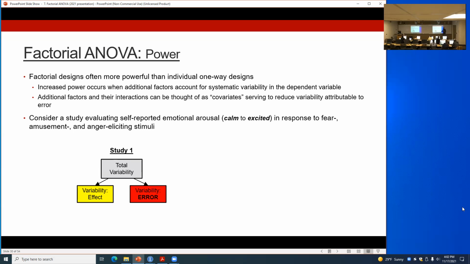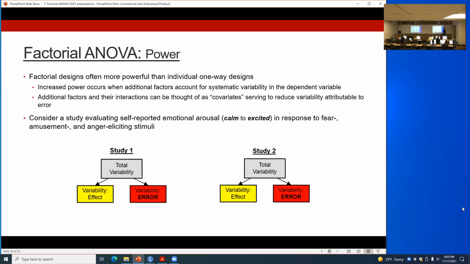We're going to take the total variability across scores and split it into variability that's due to our film condition and everything else. Doesn't matter what it is, everything else goes into that error term. So when I calculate that F statistic, anything that's not related to systematic variability in self-reported arousal is going to be due to this error term.